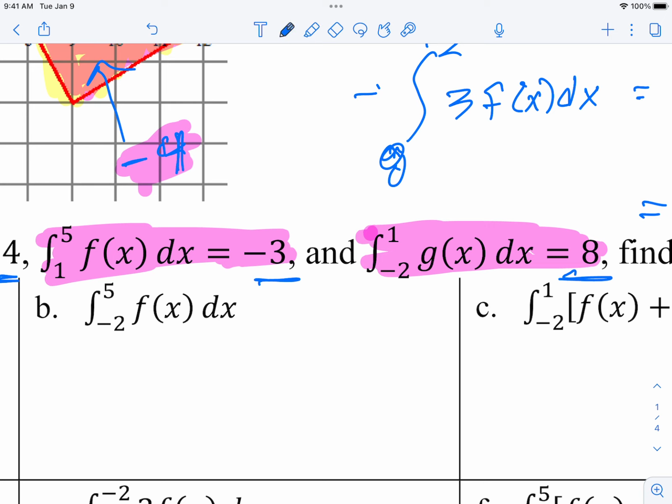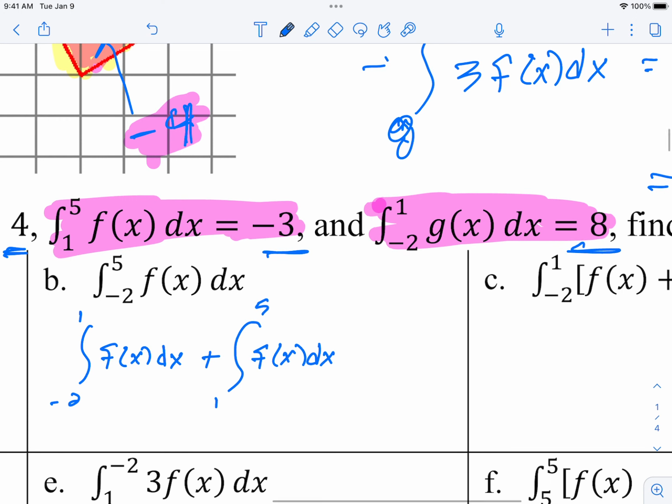So you can make it up of 2 integrals: from -2 to 1 of f of x, I got that, that's just 8. You can add to it 1 to 5, and that integral is -3. So you just put the numbers in for them. So it's 8 plus -3, and you get 5. So this one is equal to 5.